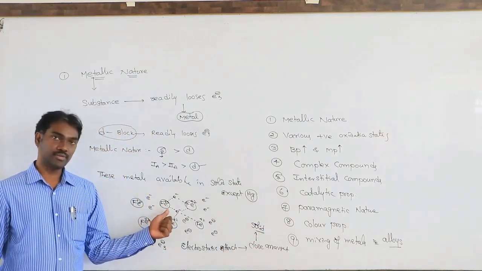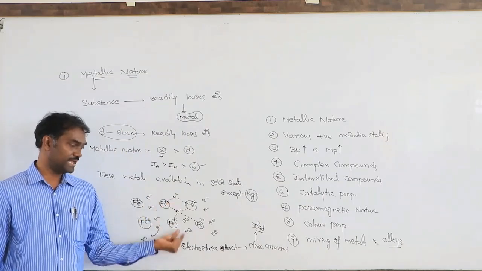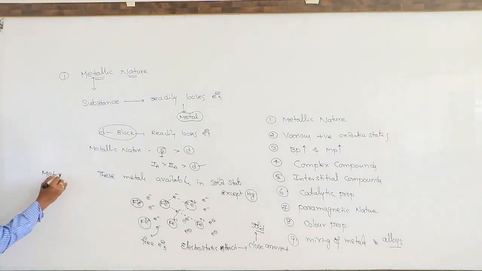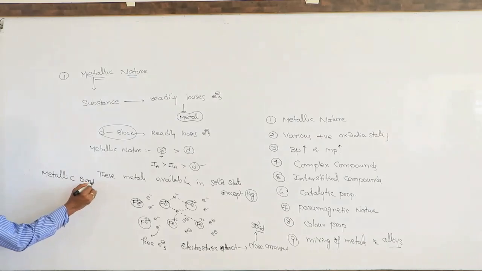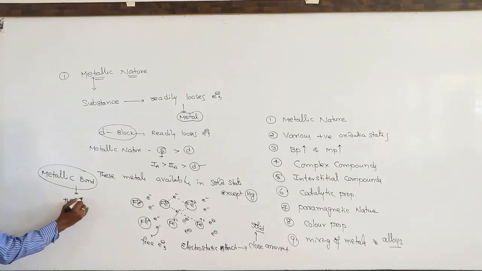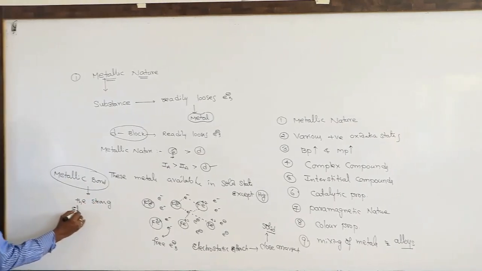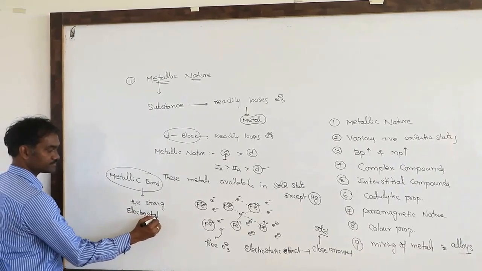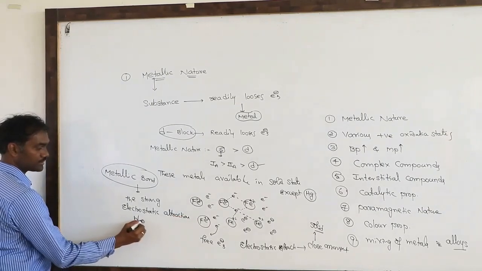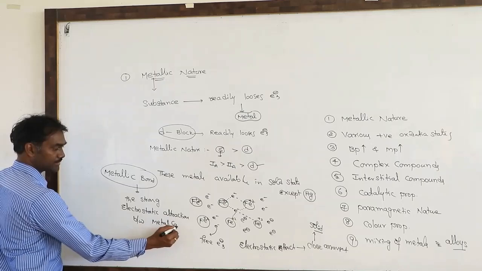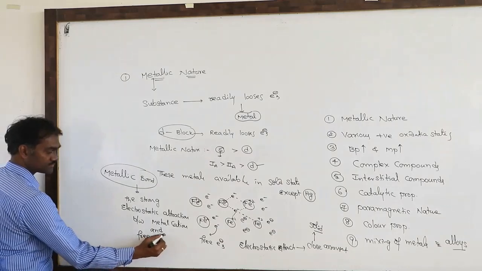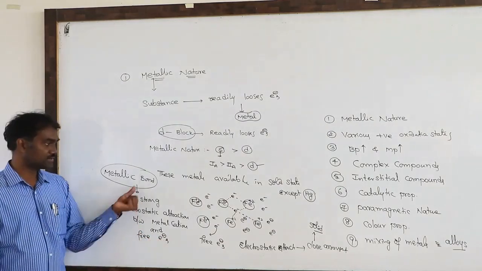See, the attraction between metal ions and free electrons is called a metallic bond. Here the important one is the metallic bond. The meaning is the strong electrostatic attraction between metal cations and free electrons, which is called a metallic bond.